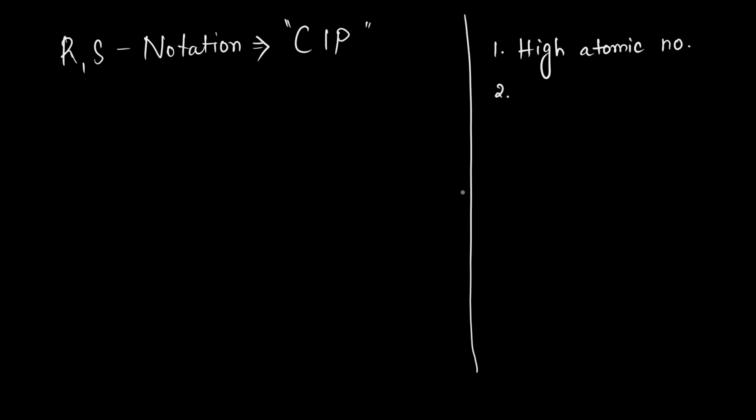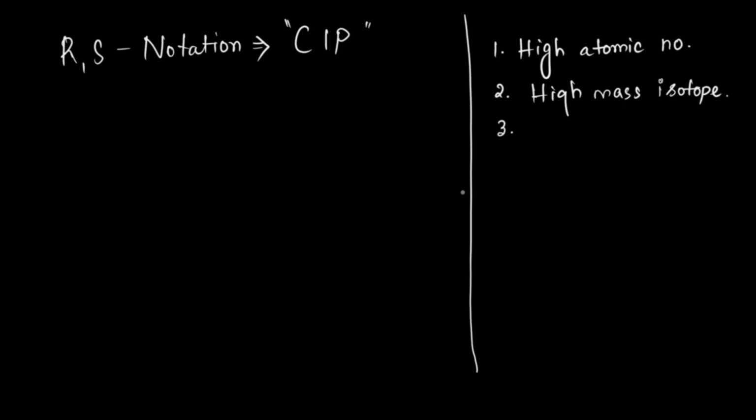That is the first rule. The second rule is higher mass isotope. Let's say I'm having isotopes, for example hydrogen and deuterium, hydrogen and tritium, deuterium and tritium. So the high mass isotope is senior, that gets more priority.